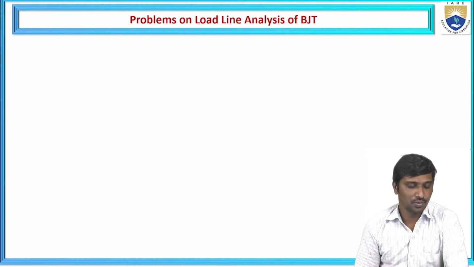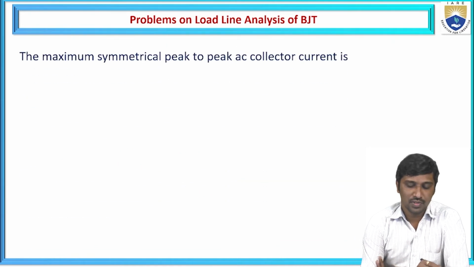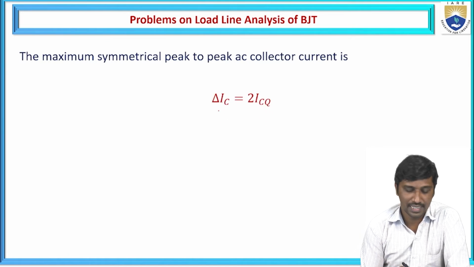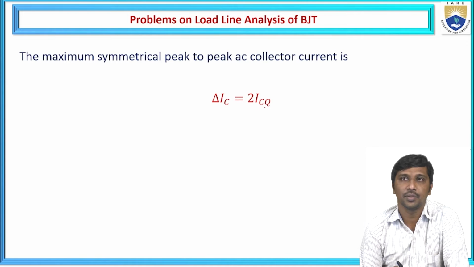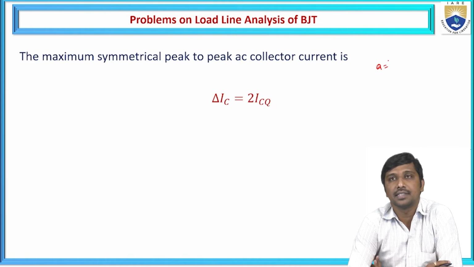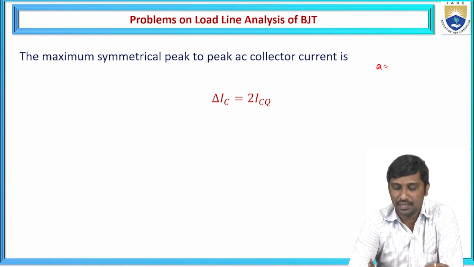First, I find the peak-to-peak AC collector current flowing through the common emitter amplifier circuit. It is defined as delta IC equal to 2 times ICQ. Why? Because generally the Q point is the center of the DC load line.